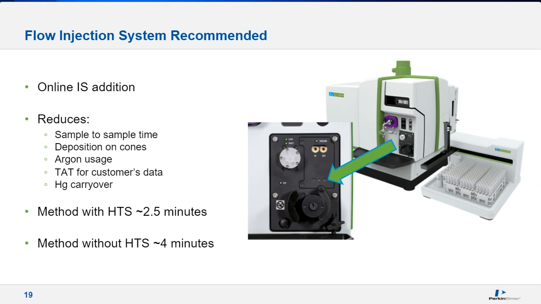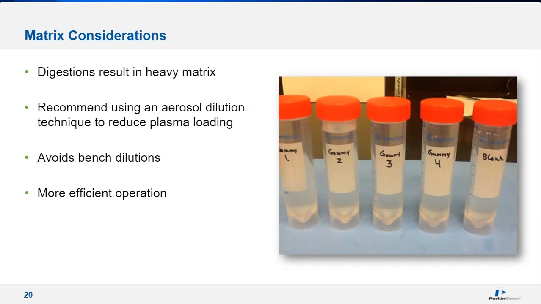For example, the method used for this work, for all these extra analytes added to it, is about 2.5 minutes with the HTS and about 4 minutes without.